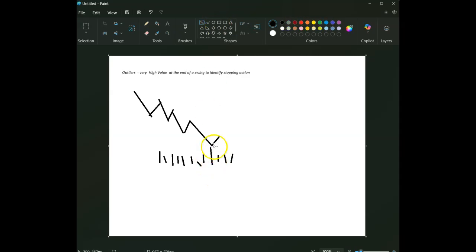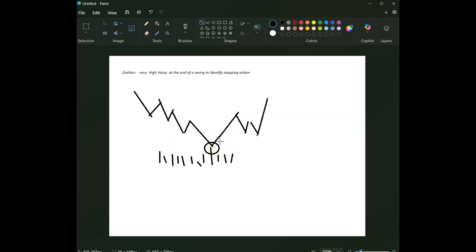So this right there is going to stick out. And then what happens usually, you'll find that it has the reversal.